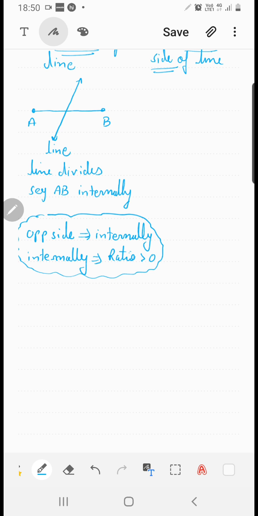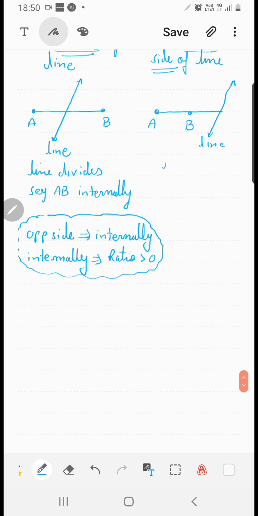Likewise, when I say the points are on same side of line, let's say we have a segment AB and the line divides AB externally. So this is where we say line divides segment AB externally. Here I'm writing it.